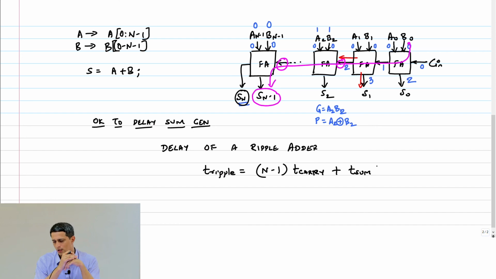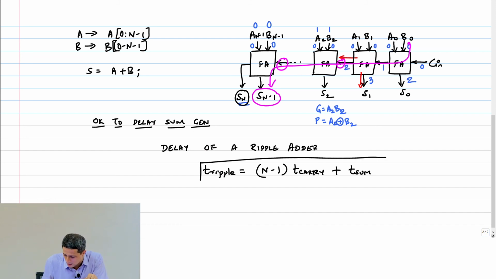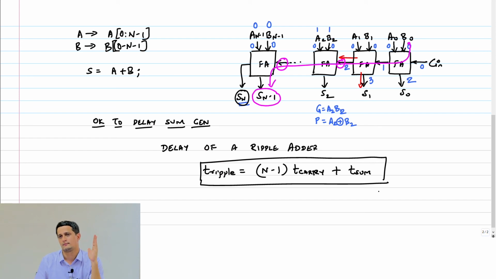Okay. So now this tells us that when we are creating our circuit for the full adder, we have to prioritize the carry out circuit over the sum circuit. Okay, because ripple adder delay goes as n minus 1 times t carry plus only 1 t sum.